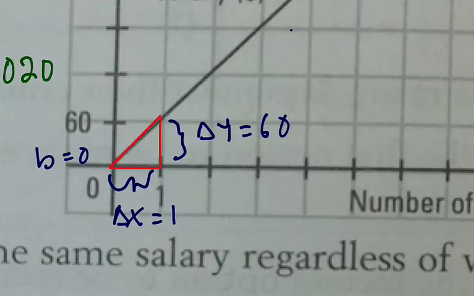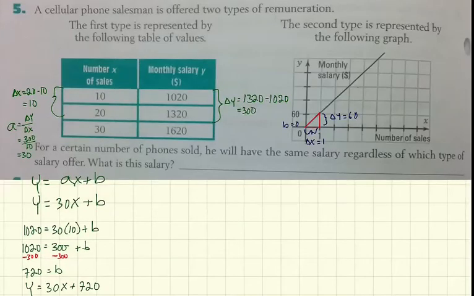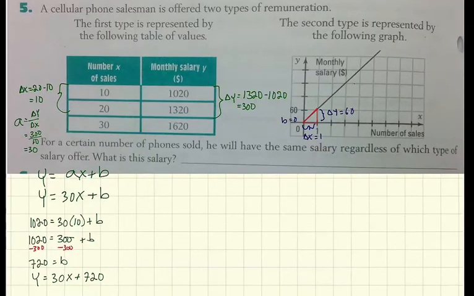You can do a much larger triangle and it'll look better, but there we go. So our slope is 60 over 1, which is 60. So my A is delta Y over delta X, which is 60 over 1, which is 60. And my B is equal to 0, so we get Y is equal to 60X.